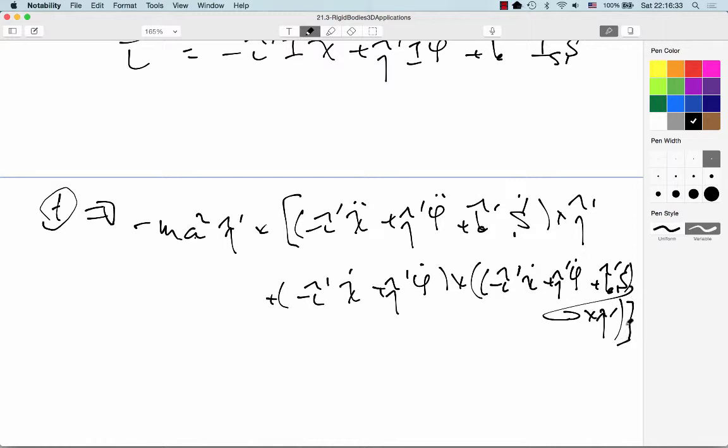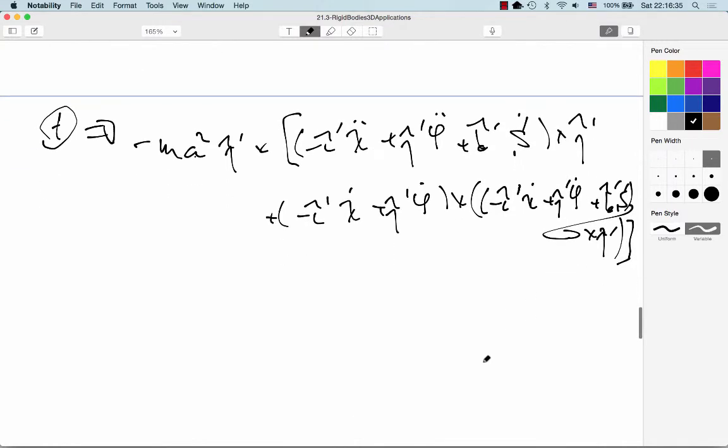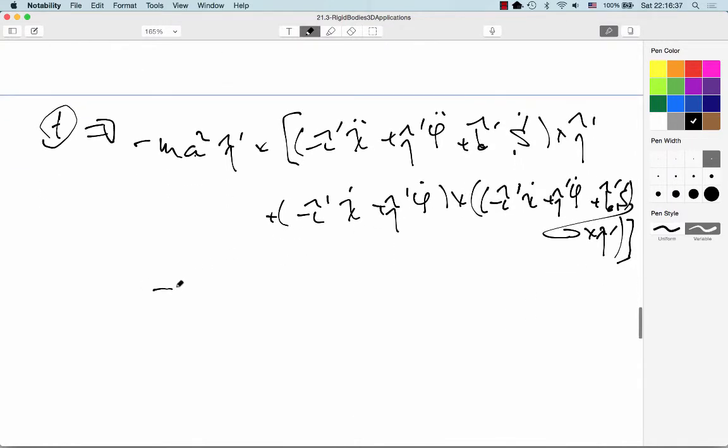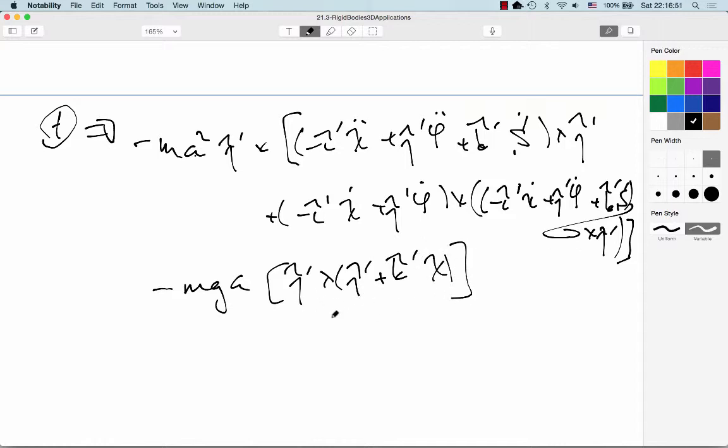Okay, that gets us out of those square brackets minus mga j prime cross j prime plus k prime chi. Like I say here, at least we get a j cross j is nada.